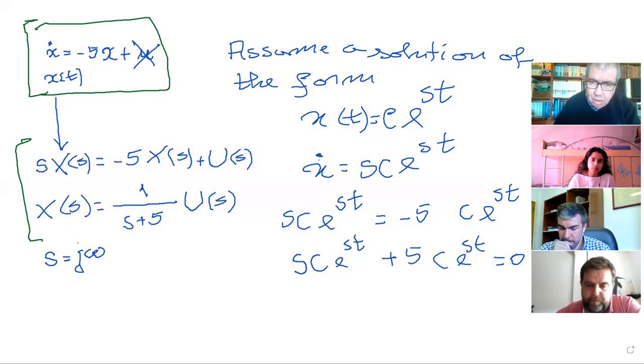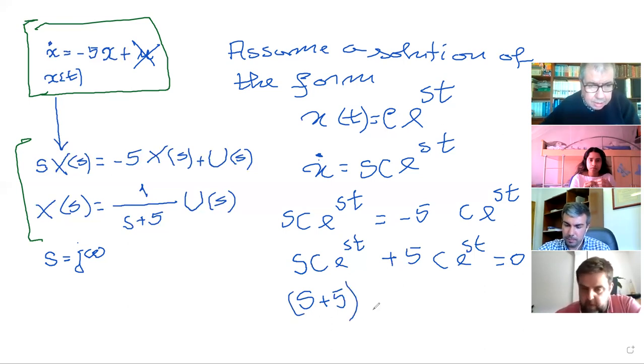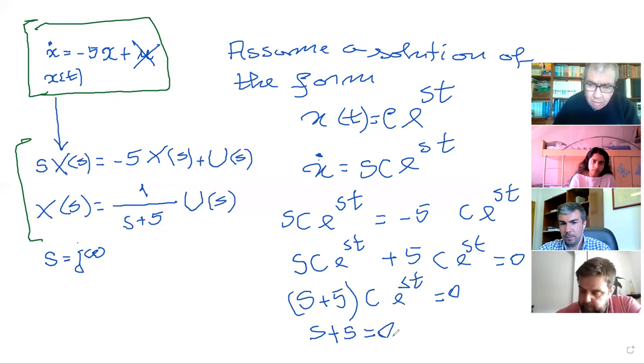So s is minus 5. Sorry, s equal to minus 5. Okay, so I can write that (s plus 5) C exponential of st equals 0, and then you claim that this is equivalent to s plus 5 equal to 0. Is this true?